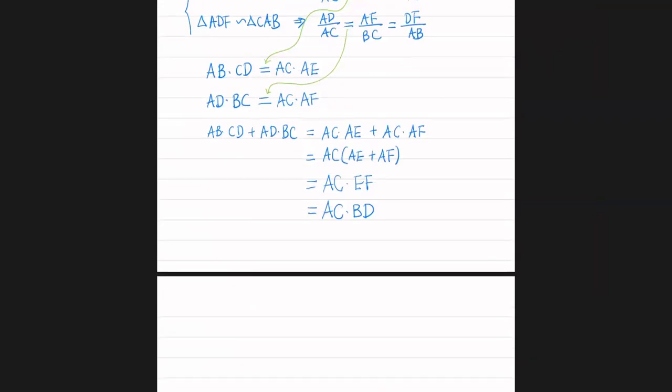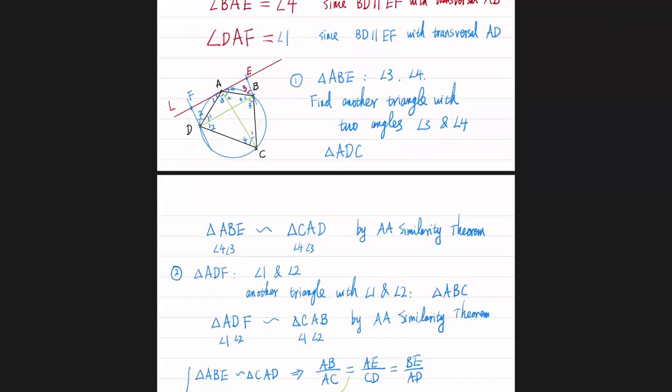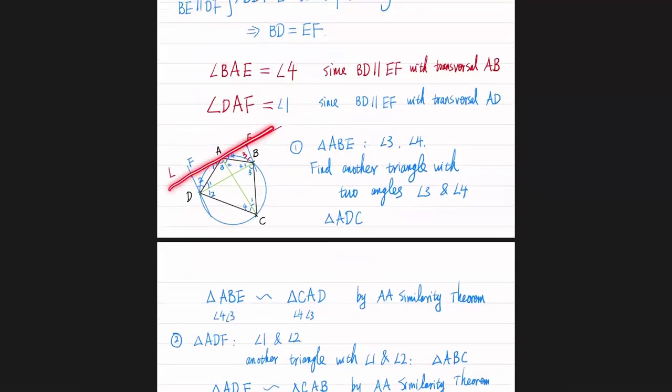And this completes the proof of the Ptolemy theorem. The summation of the products of the two pairs of opposite sides equals the product of the diagonals. How did we prove it? The key steps: we draw a parallel line and draw two triangles.